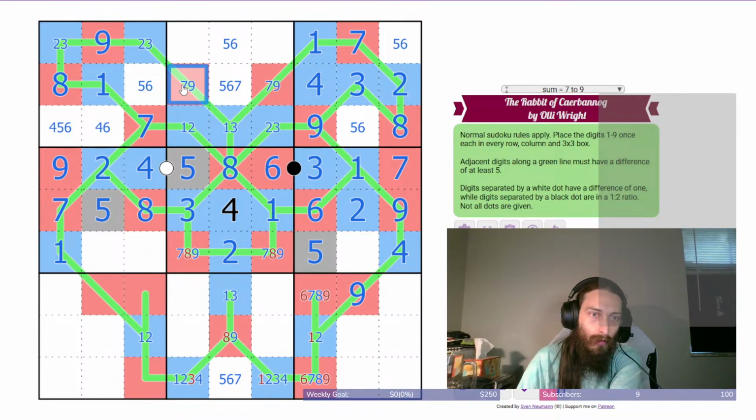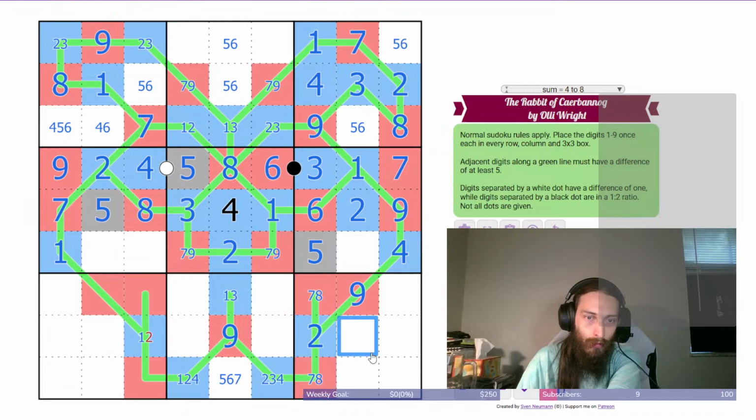This can't be a 6 anymore, so that's not a 7. That's a 9. Not a 3, not a 1, 2. 6 and 9 are out. 8 is out from those. This is an 8, which is red.